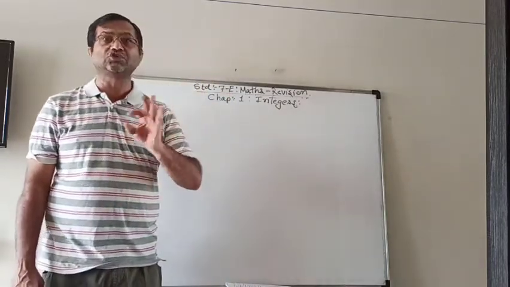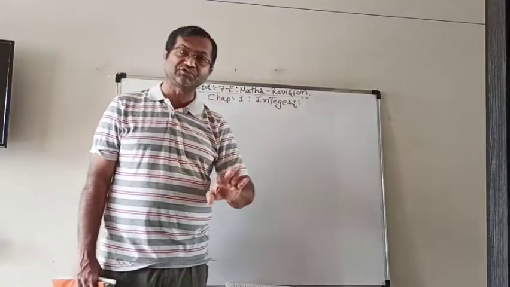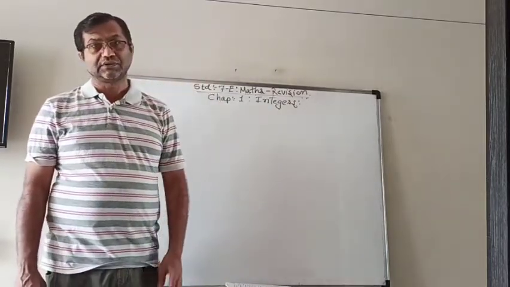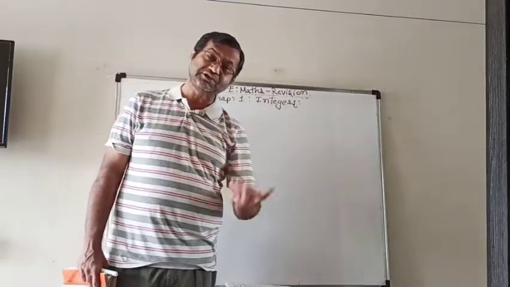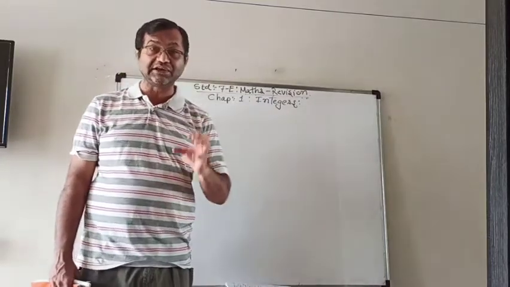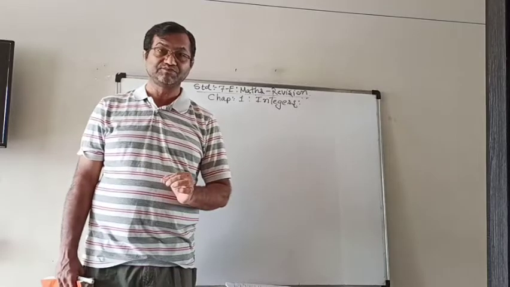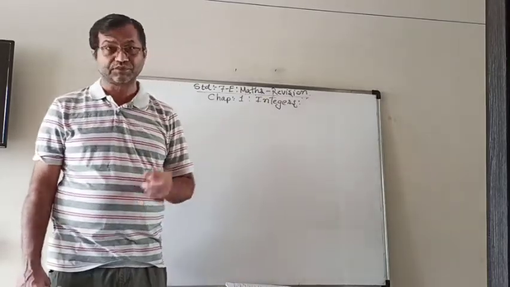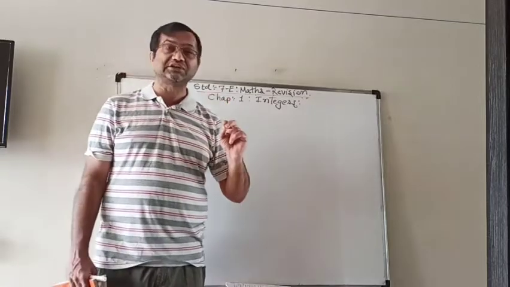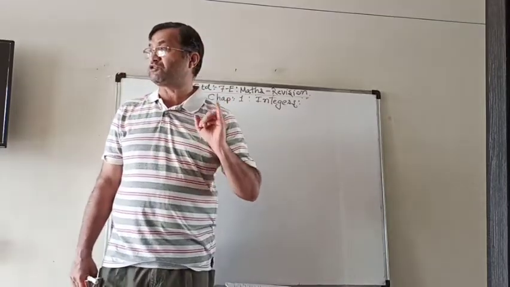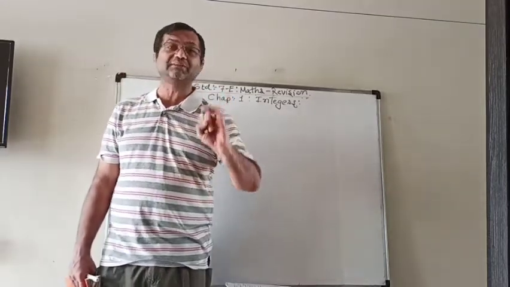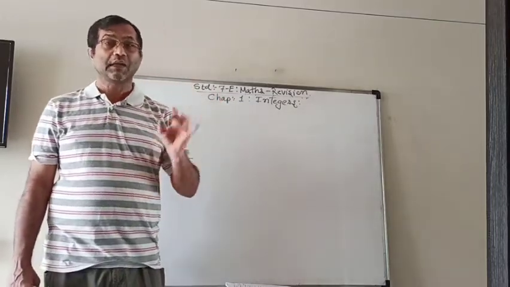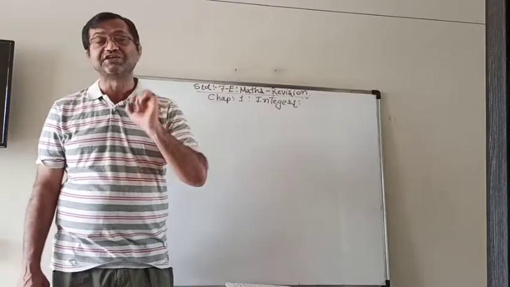The order is not important. 3 fives are 15, 5 threes are also 15. 5 plus 3 is 8, 3 plus 5 is also 8. And it is true for any integers, positive, negative, 0, whatever. So that is your commutative property, which holds for addition and multiplication, and it does not hold for subtraction and division.